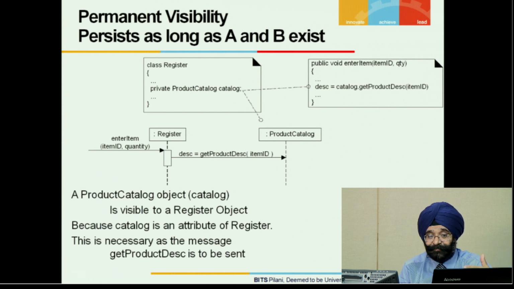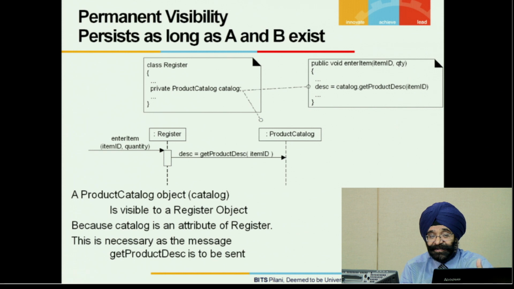Now item ID is locally visible to register by virtue of having been received as a parameter. Since it is visible, it can be passed on to catalog or a method of catalog. Catalog, getProductDescription, takes item ID itself.